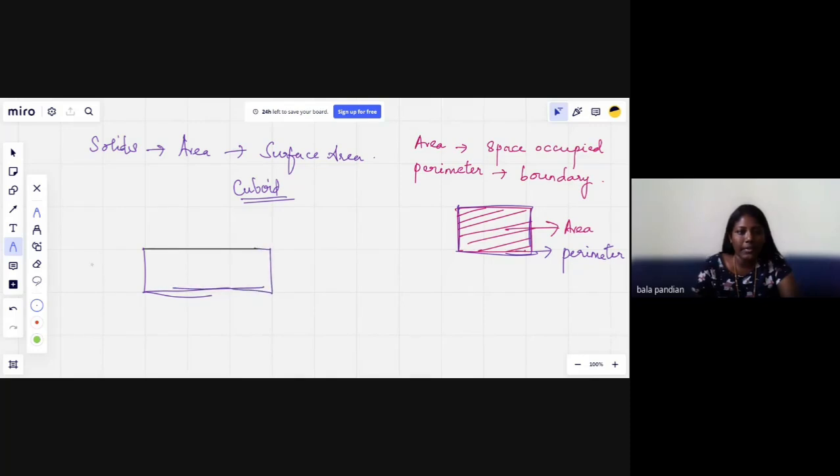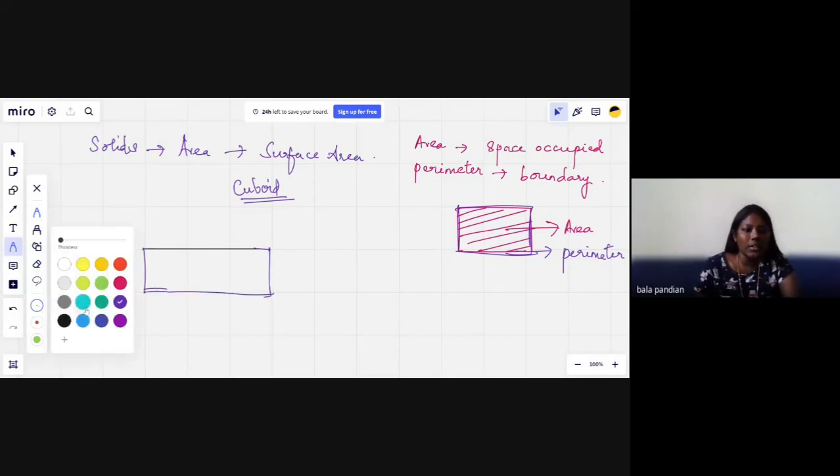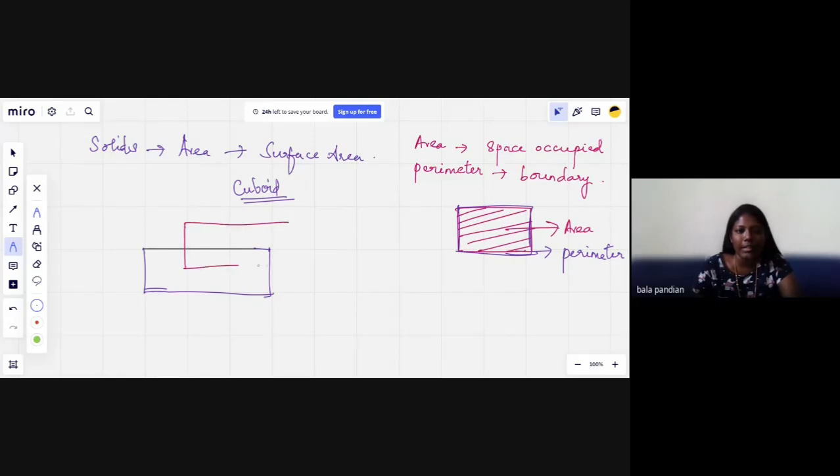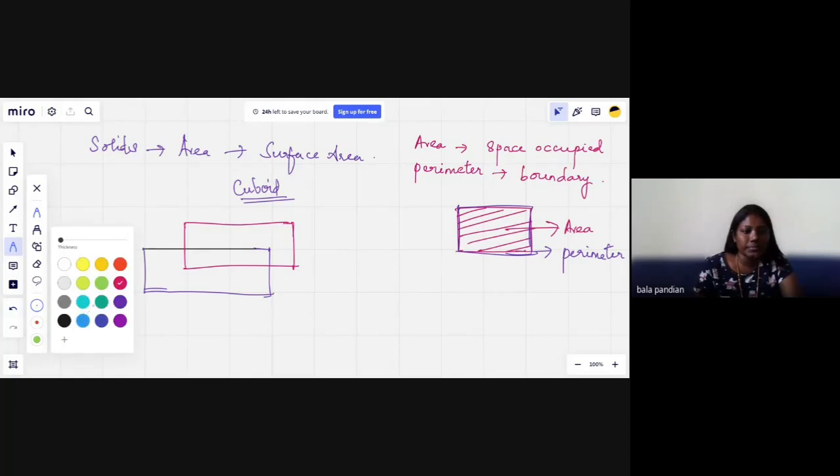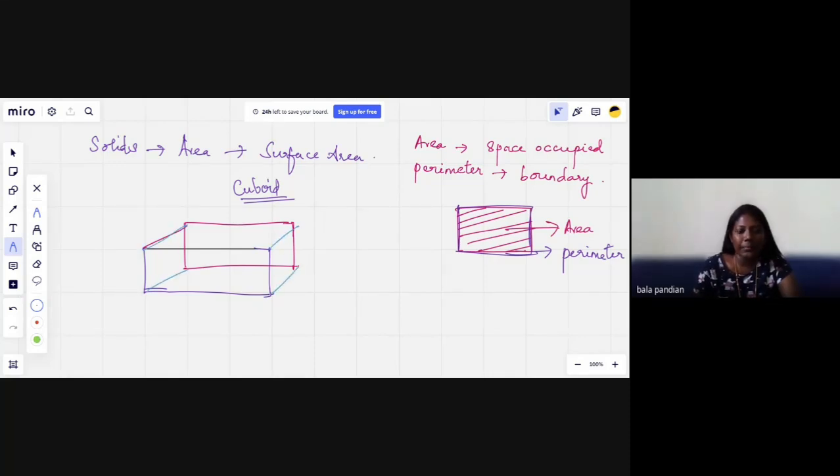And I draw another rectangle in a different color so that it will be easy for you to find out. I'm taking a red color now. Now, this is going to be a cuboid, right?